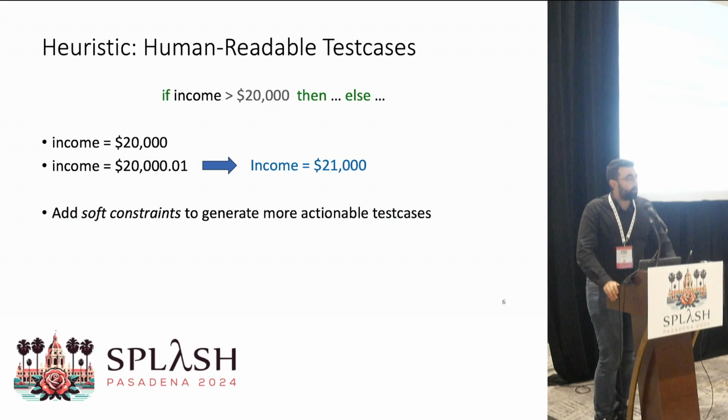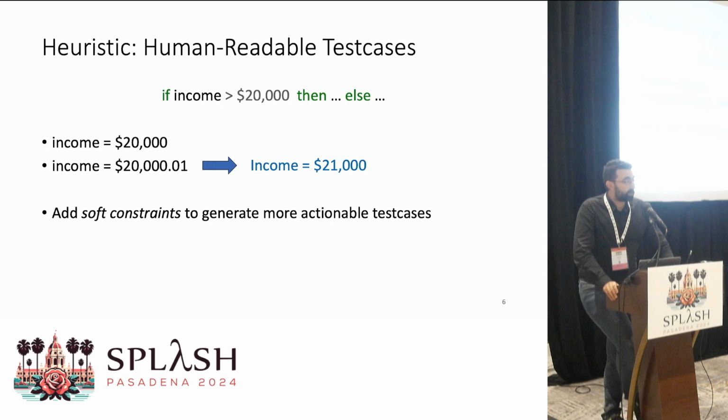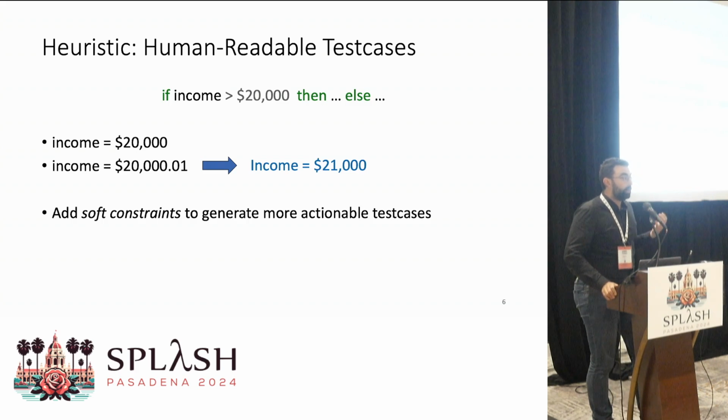That's something that we are providing in CUTECat using a feature called soft constraints. The idea of soft constraints is that you can add preferences, constraints when generating inputs, which are not a priority compared to the actual path condition and the actual logical query. In this case, that means that if you can find an input that doesn't have any cents, that's the one that's going to be generated.